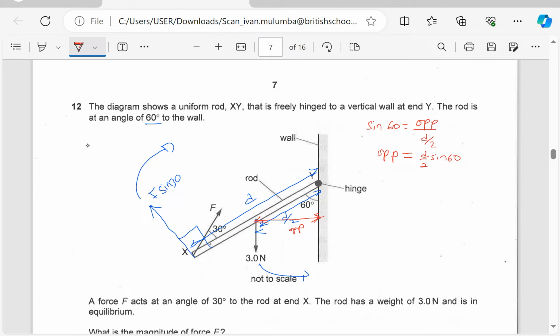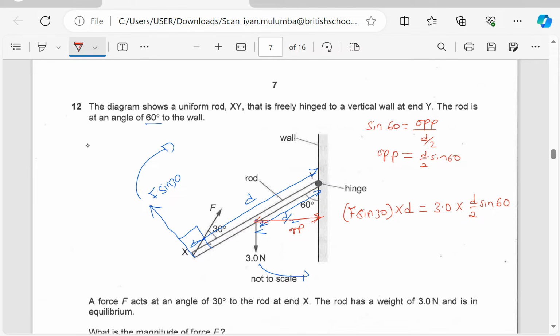Okay, so now I'm taking moments about the hinge. The clockwise moments should be equal to the anti-clockwise moments. So clockwise, I have F sine of 30 times the perpendicular distance, which is d from the pivot, which should be equal to 3 newtons, which is the force, times the perpendicular distance, which is d over 2 sine of 60.